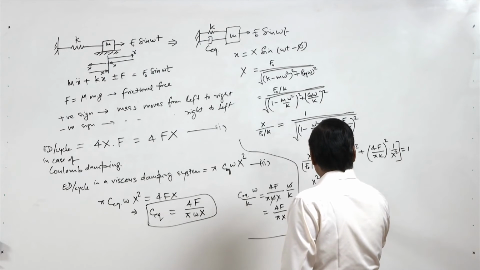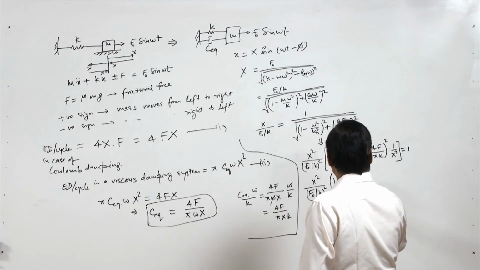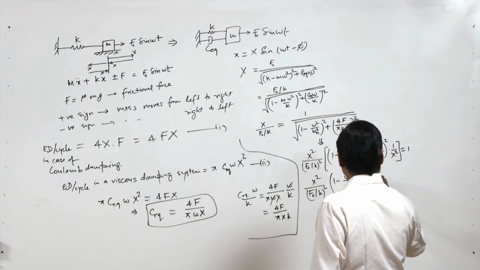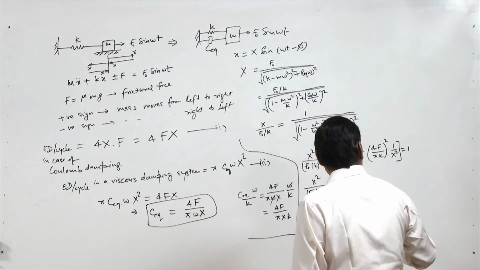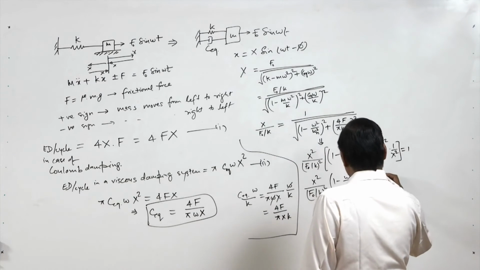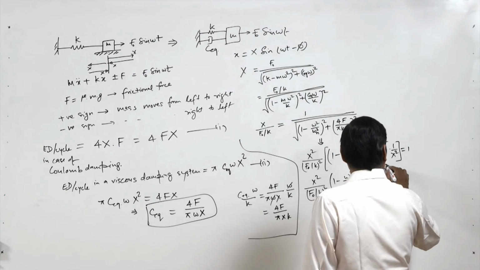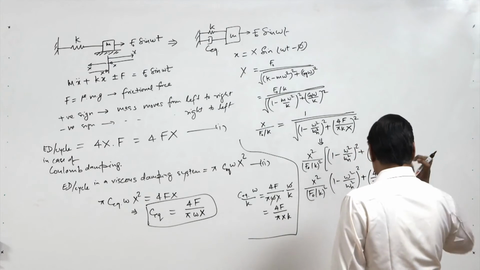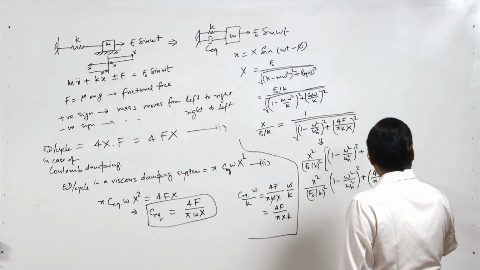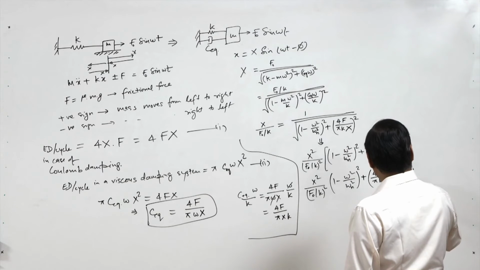So we will have x square by (f0 by k) whole square into (1 minus omega square by omega n square) whole square plus, so x square here will be cancelled out, and here will be 1 by (f0 by k) square, so it is k square by f0 square, and that is equal to 1. This is also k square, so this k square will be cancelled out.